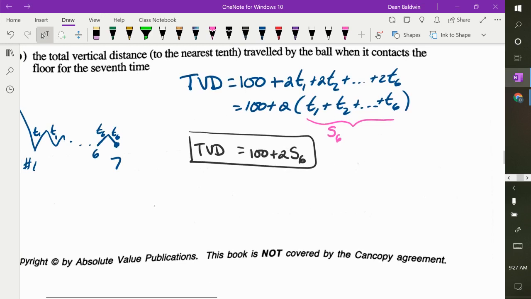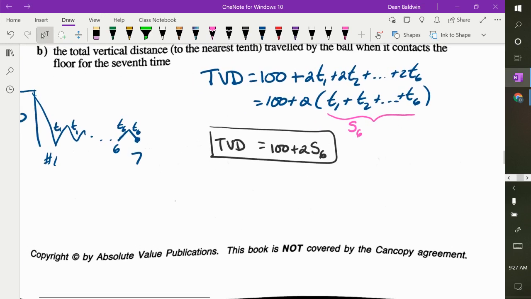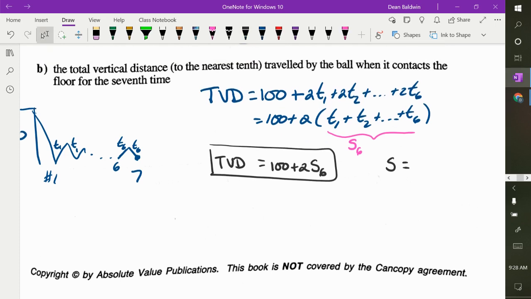So if we do S6, do we know the last term? Why don't we do S6? We'll do it right here. The last term? That's not what it said, though. What's the total vertical distance when it hits the floor for the 7th time?